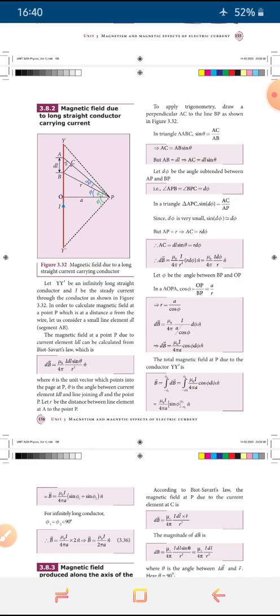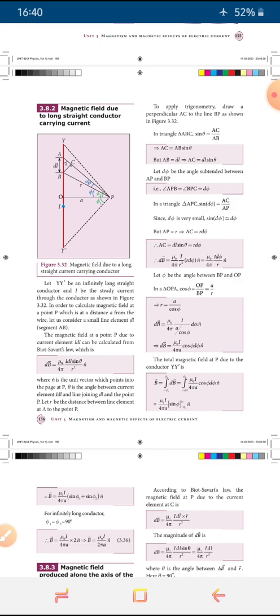Go through this answer thoroughly, and after that, write this answer in your homework note page without seeing this answer. This is most important. Some topics will be based on this derivation.